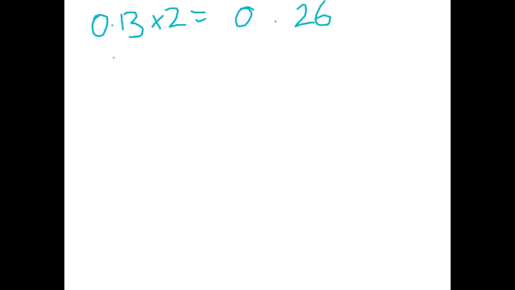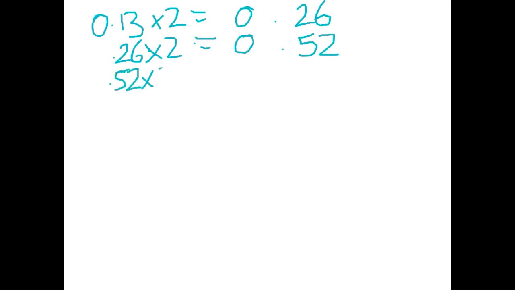I keep my 0.26, multiply that by 2, and that is equal to 0.52. 0.52 times 2 is equal to 1.04. Then I leave my 1 behind, I take the 0.04, multiply that by 2, and I get 0.08.